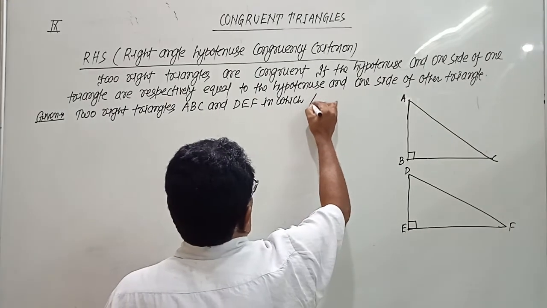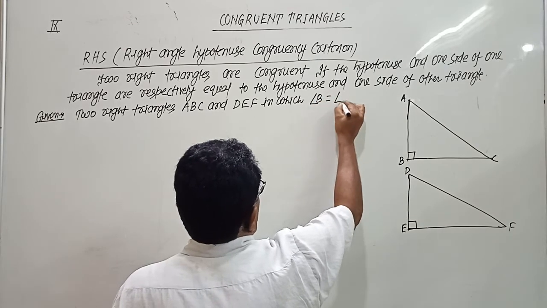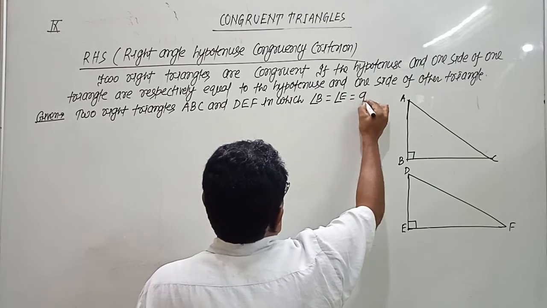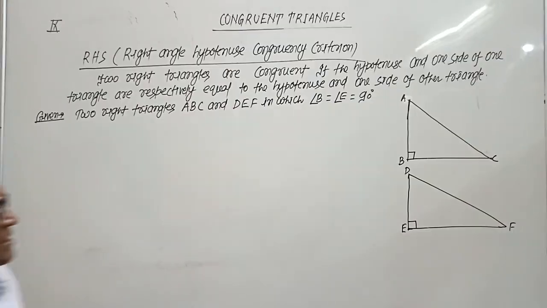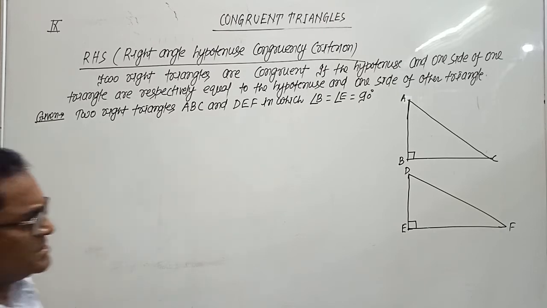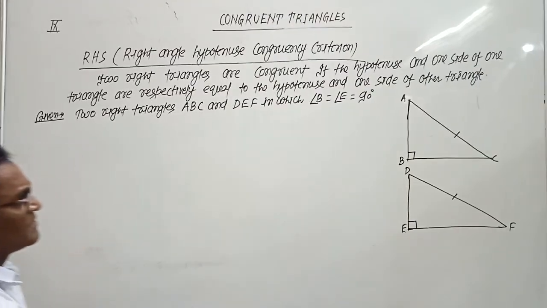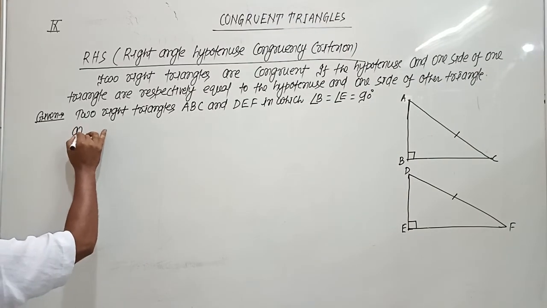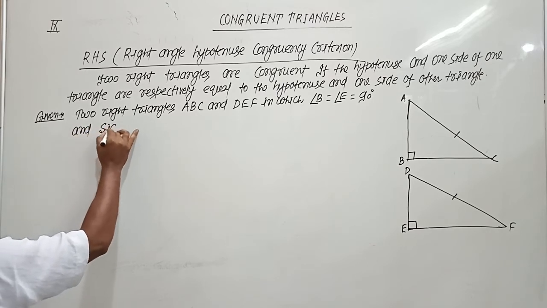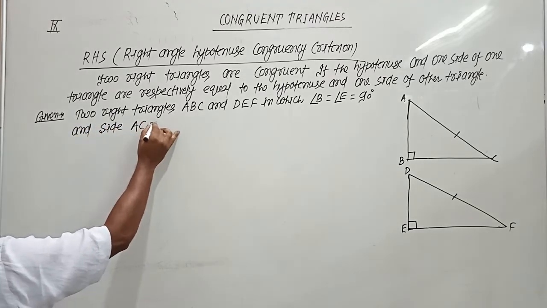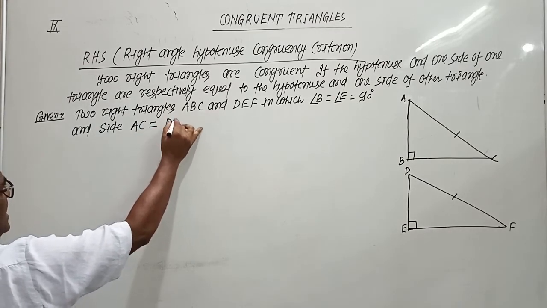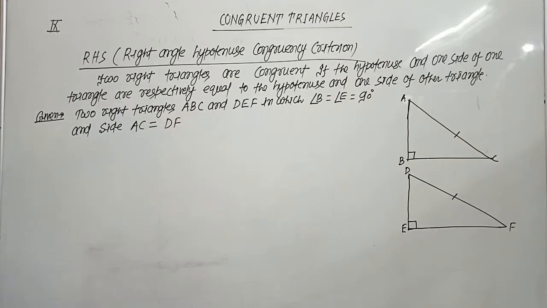We are given two right triangles ABC and DEF in which angle B equals angle E equals 90 degrees, and side AC equals side DF, and side BC equals side EF.